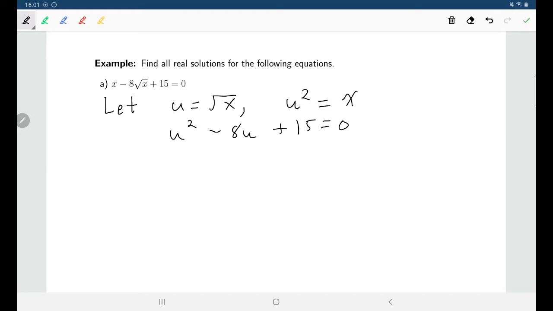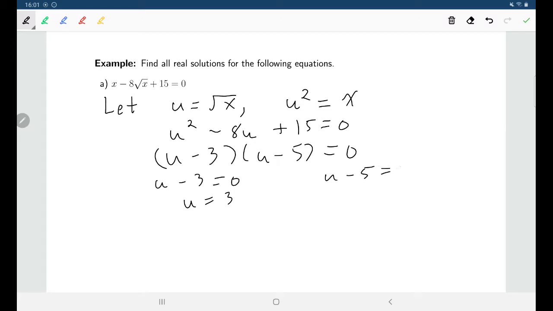And now we can solve by factoring if we want to. That factors nicely, u minus 3, u minus 5. And so we come up with u is equal to 3, or u is equal to 5.